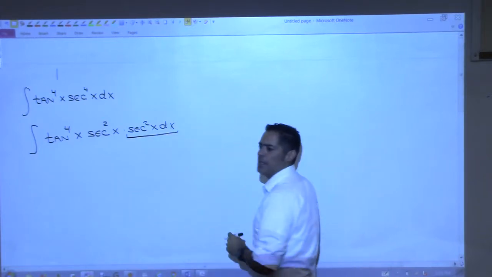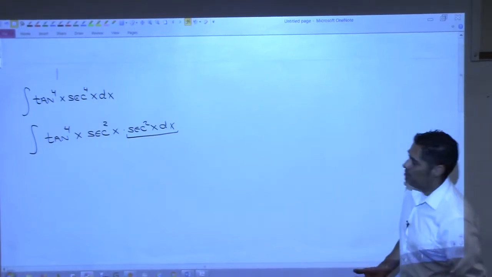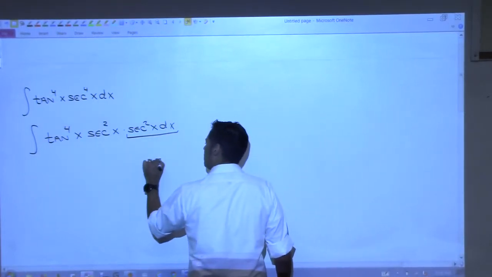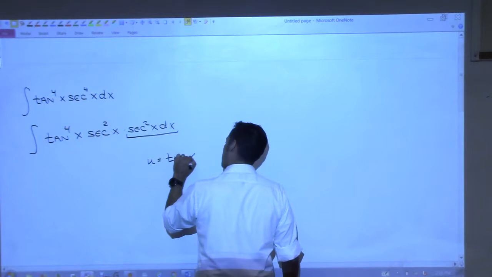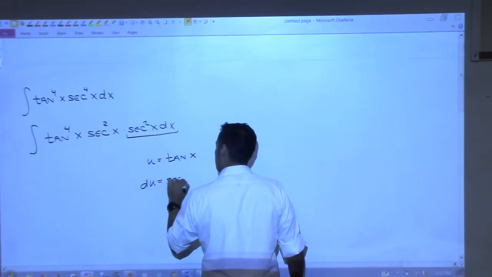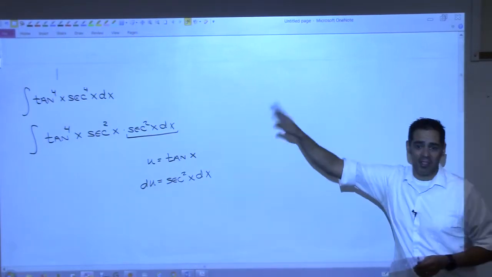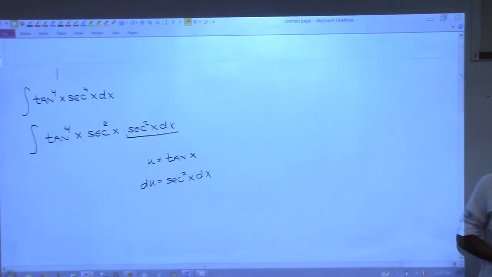This part's going to be the du, which means u has to be what? Tangent, right? That means u is going to have to be tangent because my du that I'm peeling off is secant squared x dx. And that means everything else that you see over there needs to be tangents. They all need to be tangents.